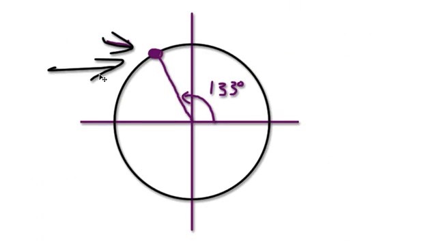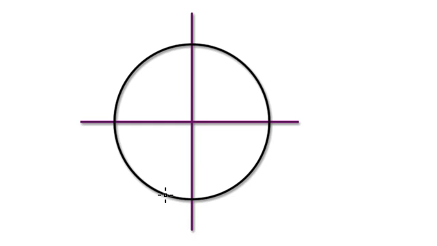Okay, so now it's your turn. I'm going to give you this point here. This is 90 degrees, 90 degrees is here, 180. I'm going to say 260. This angle here is 260.